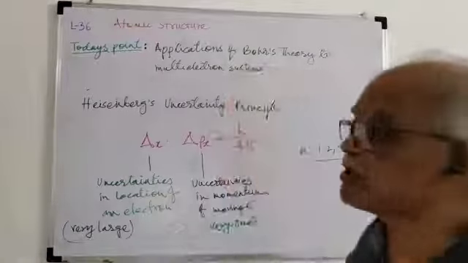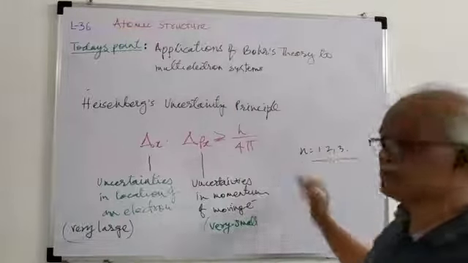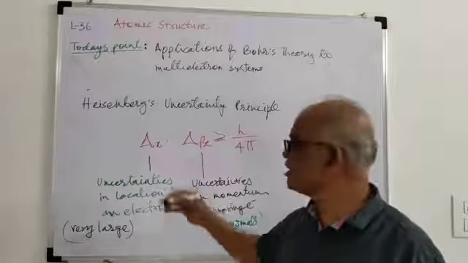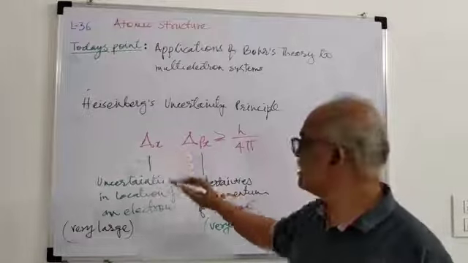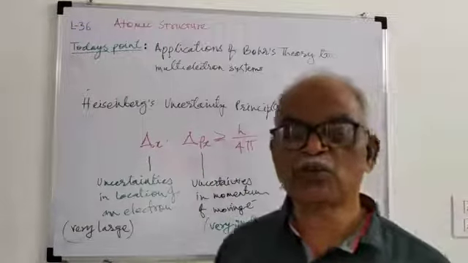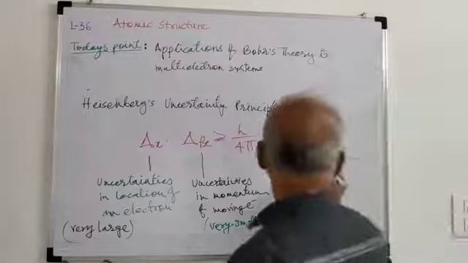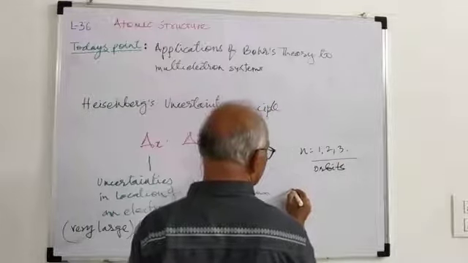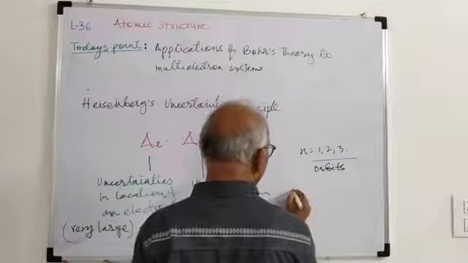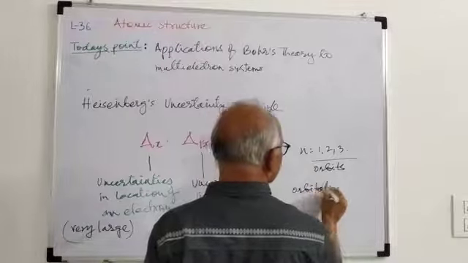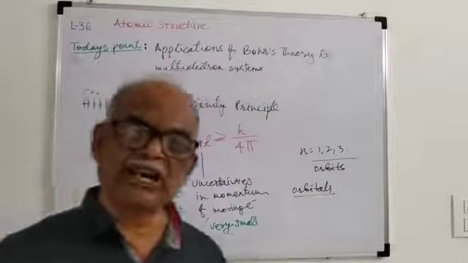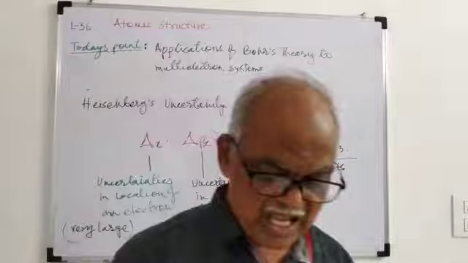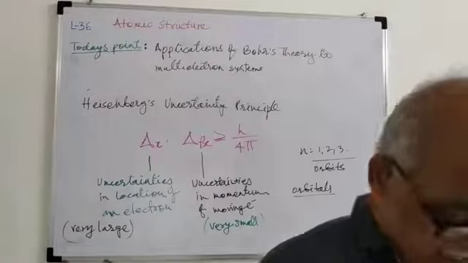Instead of concentrating on the orbits of the electron, it is very convenient to consider the orbitals. Orbitals make it easy to determine the location as well as the momentum of the electron.